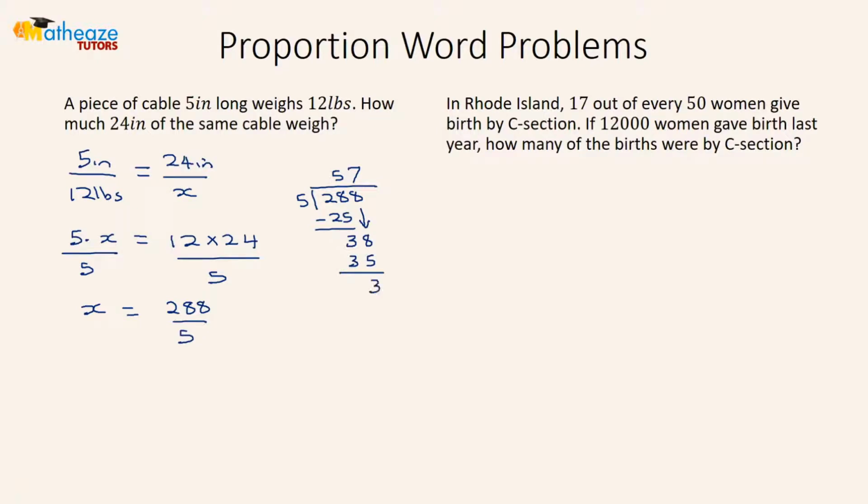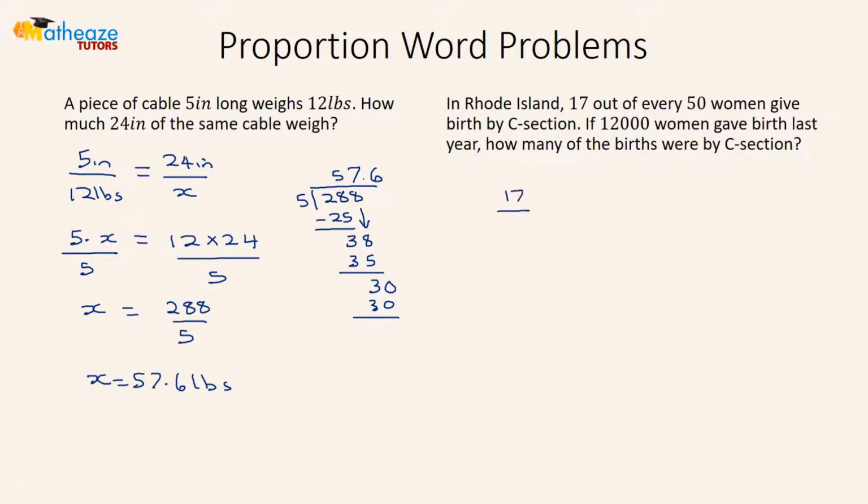We have a remainder 3. And so we're going to put a decimal right here. Introduce a 0. 30 divided by 5 is going to give us 6. 6 times 5 is 30. So that cable is going to weigh 57.6 pounds.